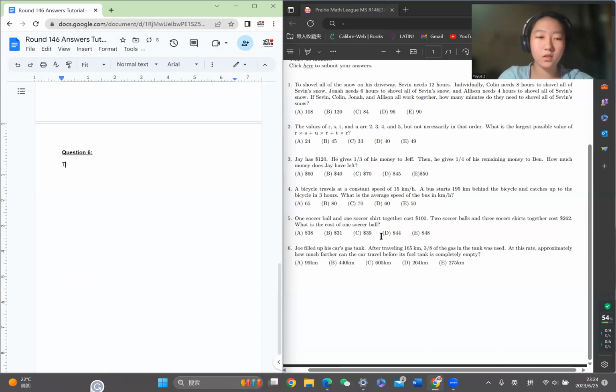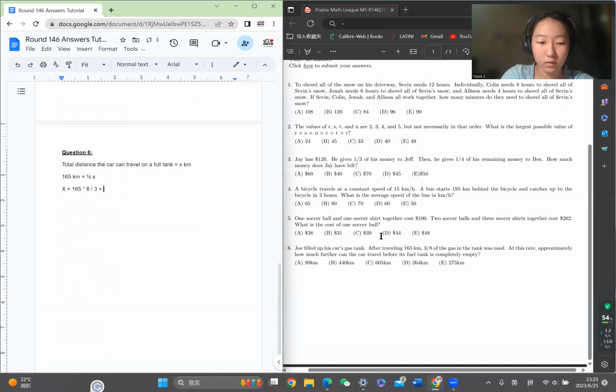So let's suppose the total distance the car can travel on a full tank equals X kilometers. So 165 kilometers equals 3/8 of X. X equals 165 times 8 divided by 3.